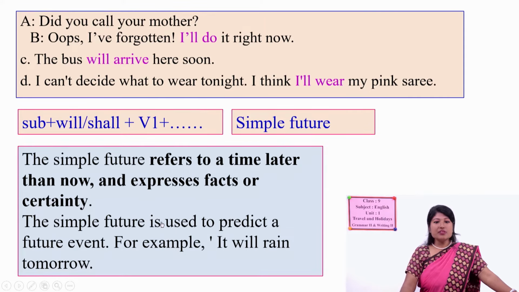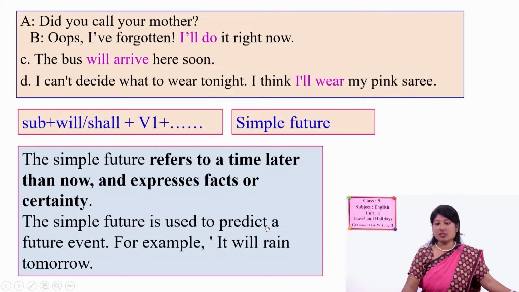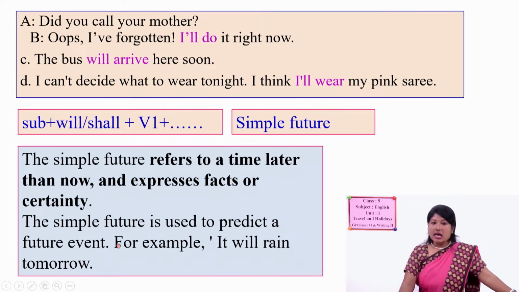The simple future is used to predict a future event. It is also used for predicting a future event, the event that's going to happen in the future. For example, it will rain tomorrow. So this is a prediction, right?